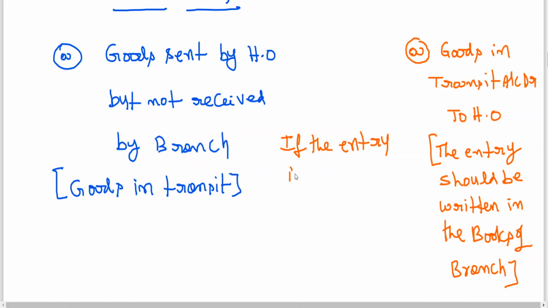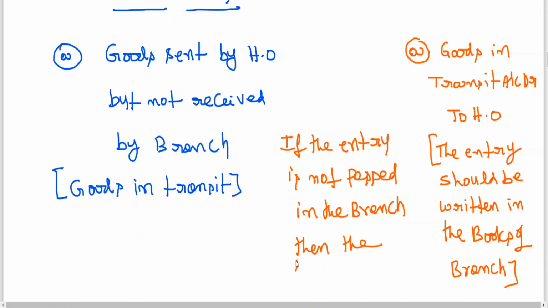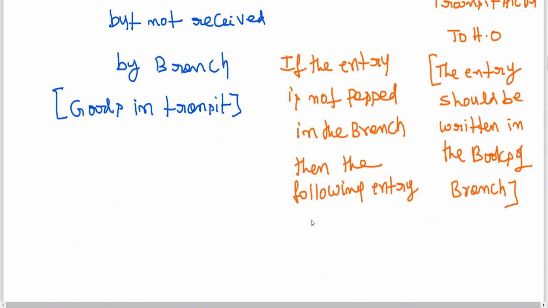If the entry is not passed in the branch, then the following entry should be passed.